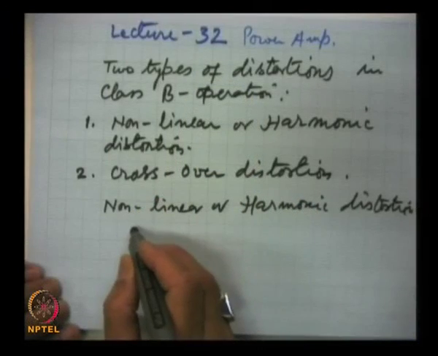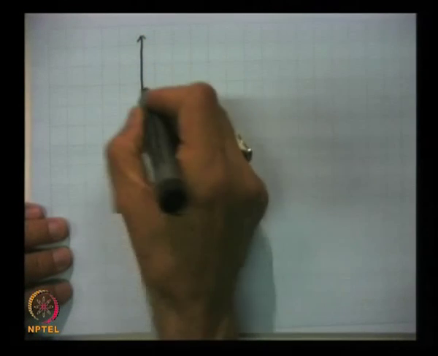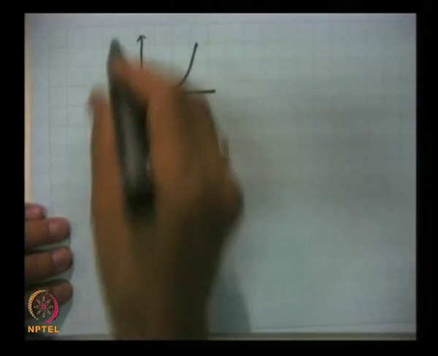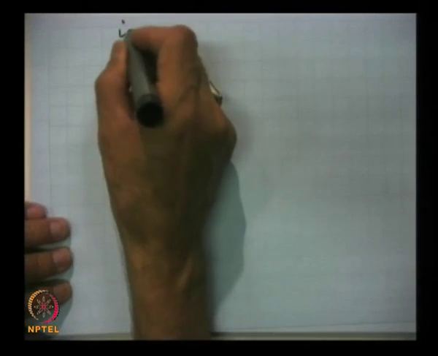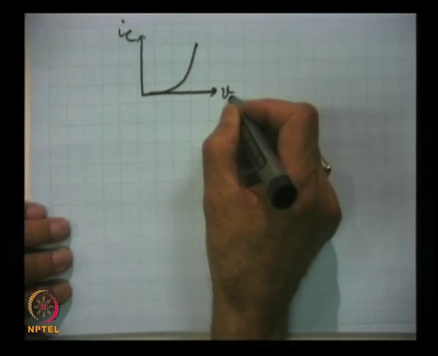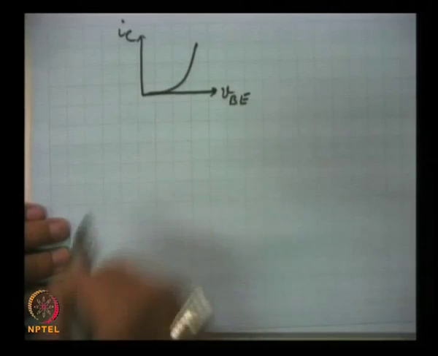Now, let us look at the transconductance curve, the dynamic transconductance curve. This is the output current and this is the input voltage.